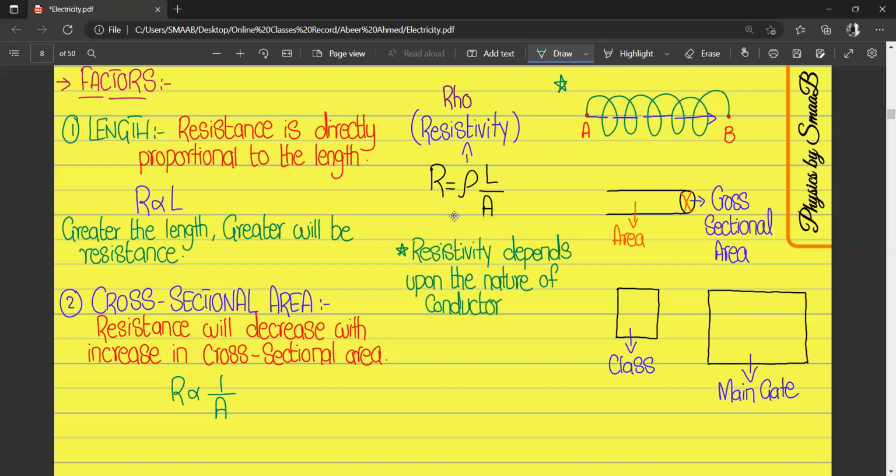So if we are using a copper wire or a copper conductor in our circuit, we know that the resistivity of the wire or the conductor will remain the same throughout the experiment, right?